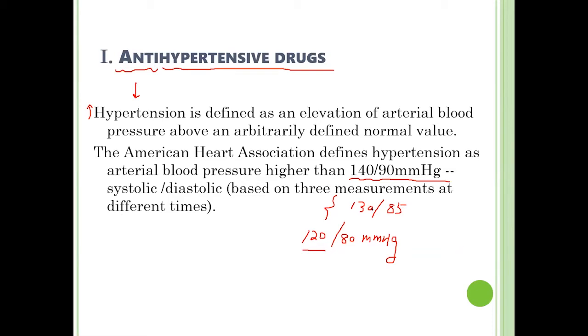So clinically, when diagnosing a patient with hypertension, the blood pressure is higher than 140 over 90, and it also needs to be measured 3 times. Yeah, 3 times, at different times. Today we measure one time, and then tomorrow or a few days later, tell the patient to come back.